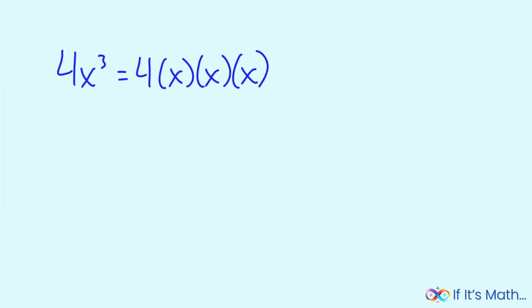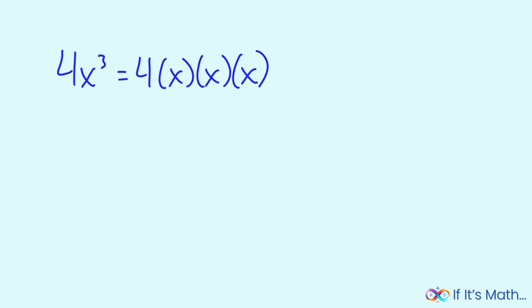But it's not just negative signs, it's anything. So if you have 4x to the third, kind of like where the negative sign was, this 4 is not a part of the exponent. It's just the x. It's only whatever the exponent touches. So 4 times x to the third is 4 times x times x times x.